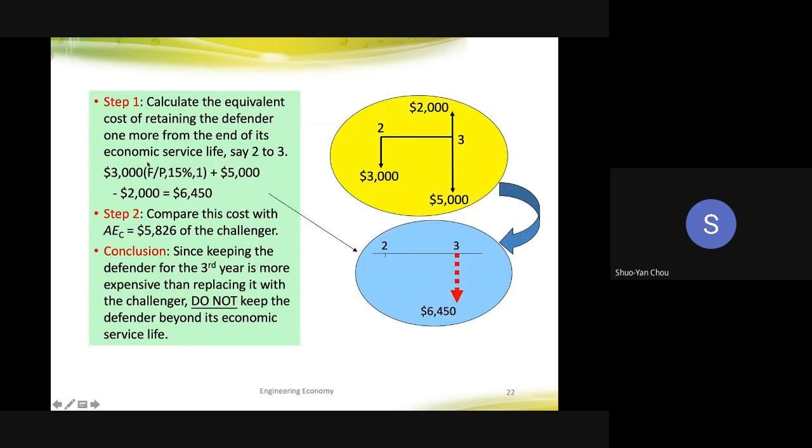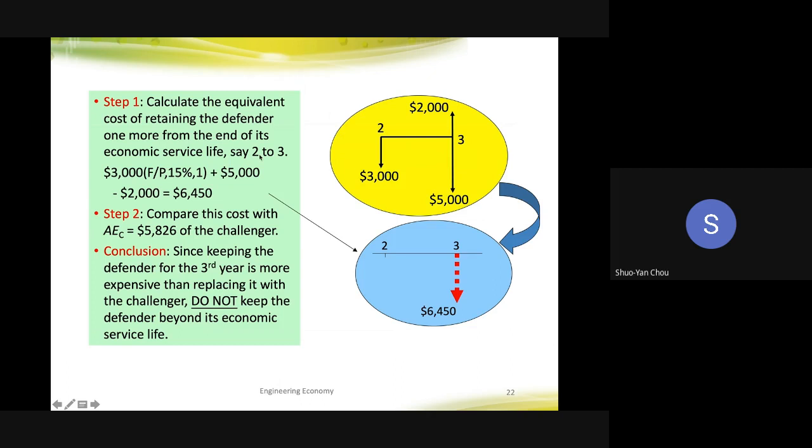The analysis shows, based on the result, that if you take it to the third year, the annual equivalent cost is higher, while the Challenger's annual equivalent cost is lower.